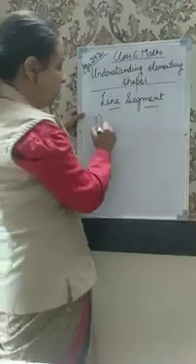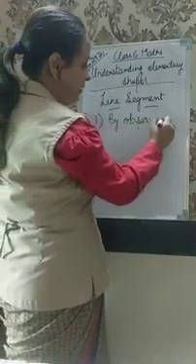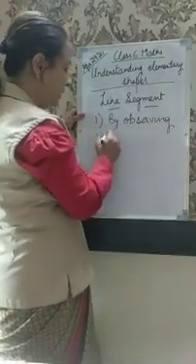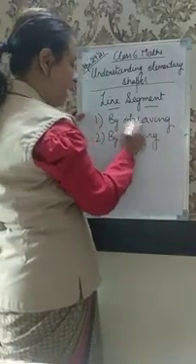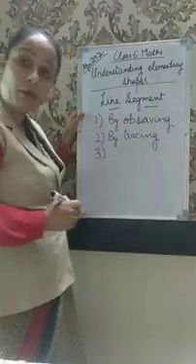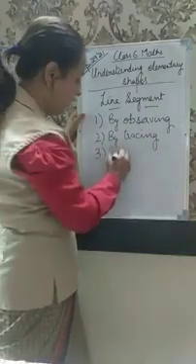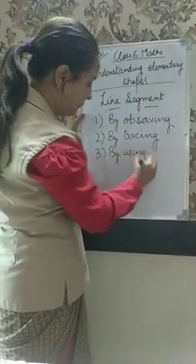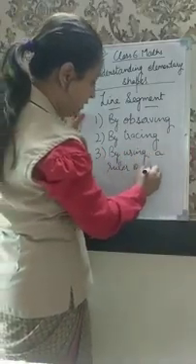So the first one was by observing, right? Second one was by tracing, and the third one which we are doing now, that is by using a ruler or divider.